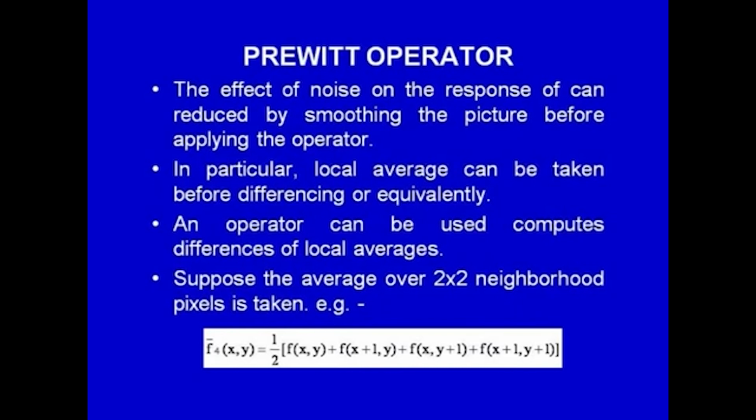Suppose the average over a 2 by 2 neighborhood of pixels is taken, then the function at the four pixels would be represented by the equation half of f(x, y) plus f(x plus 1, y) plus f(x, y plus 1) plus f(x plus 1, y plus 1).